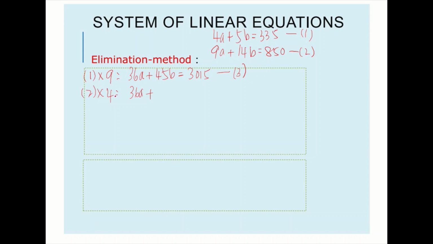So 14 times 4 will be 56b. And 850 times 4 will be 3,400. Let me double confirm. Yes, it's 3,400. So we are going to label this one as equation 4.